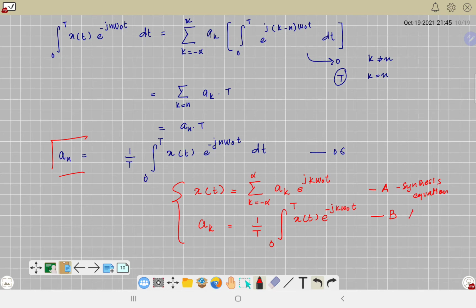And equation B is known as the analysis equation, because you are computing the coefficients that help you analyze what the harmonic components are in this particular signal, which has been represented as a Fourier series. And these coefficients are often called Fourier series coefficients.